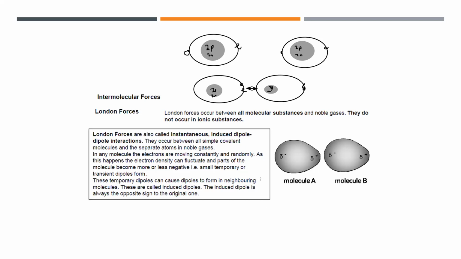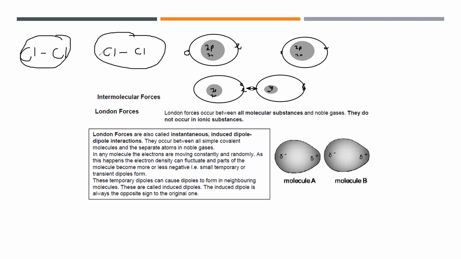Is it clear? Initially, take a chlorine molecule, Cl2. So this is one chlorine molecule. Its bonds are non-polar and the molecule is also non-polar. Then there's another chlorine molecule. But what happens when they collide with each other? They cause a distortion.